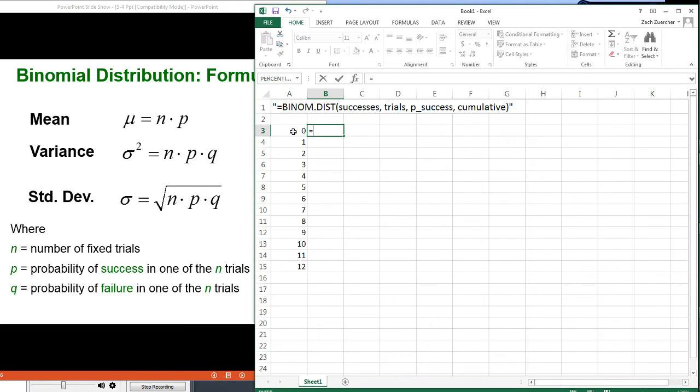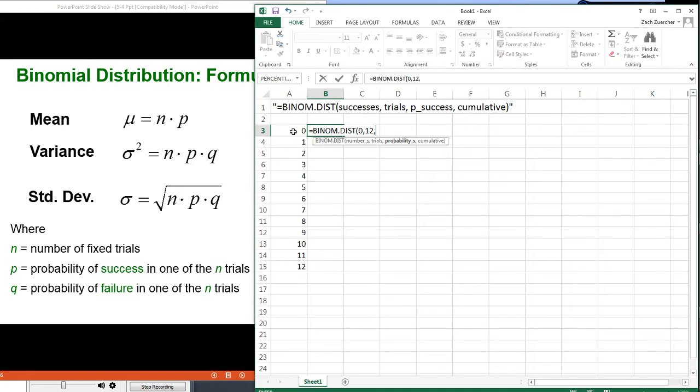What's the probability that if you randomly select a group of adults, 0 out of 12 recognize the brand name McDonald's?